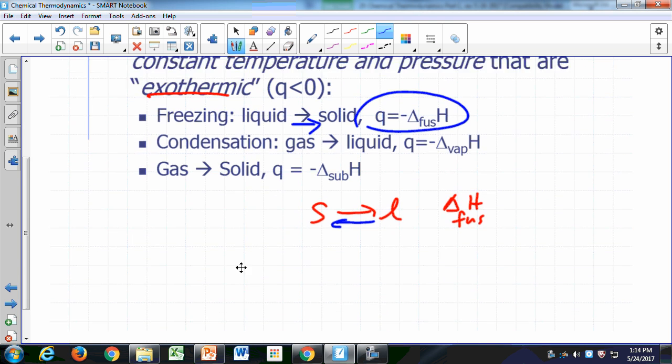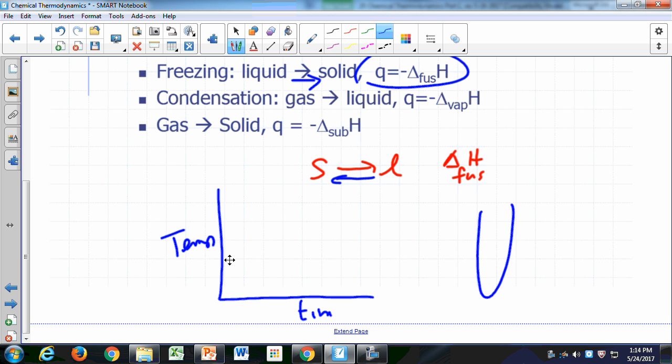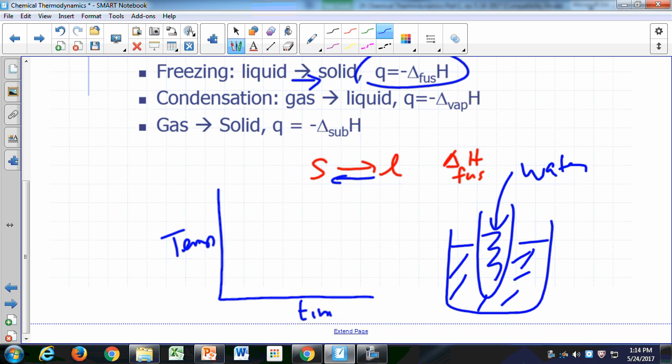It generates heat. One experimental observation that demonstrates this: if you were to plot the temperature versus time, you put a test tube filled with water, for example, in a very cold environment, like an ice and salt mixture.